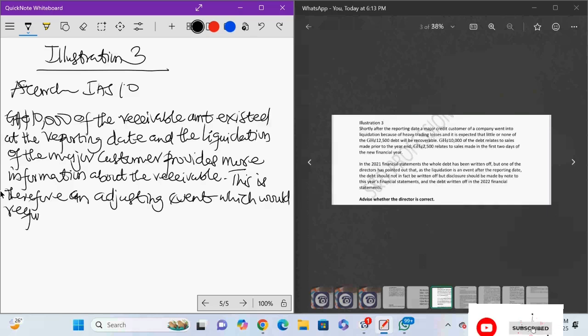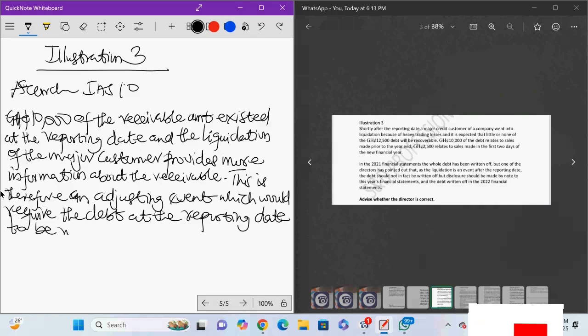Which would require the debt at the reporting date to be what? To be written off.